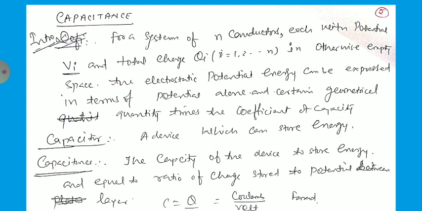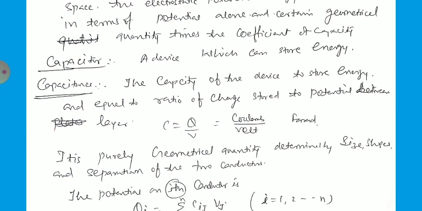A device which can store energy is called a capacitor, and the capacity of the device to store energy is called the capacitance. It is equal to the ratio of the charge stored to the potential between them. So C equals Q by V, that is coulomb per volt, that is farad.